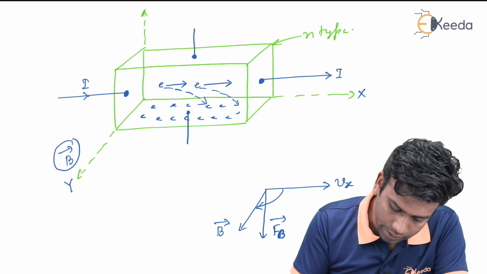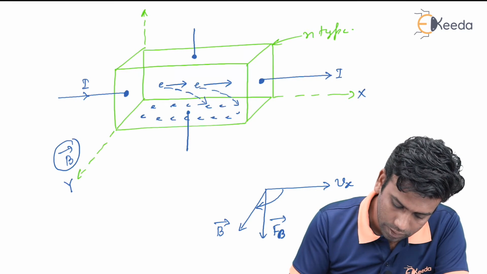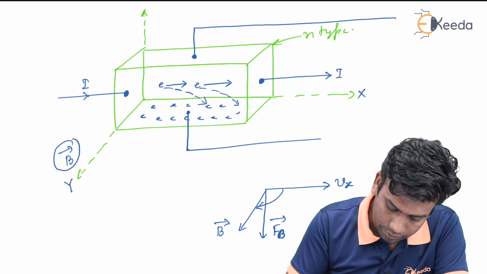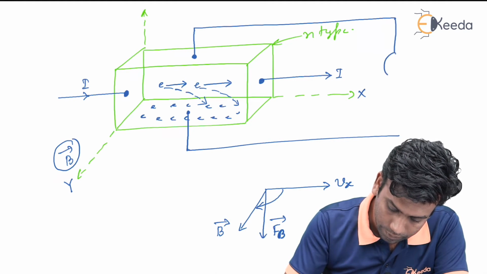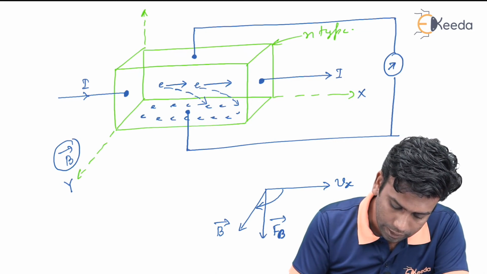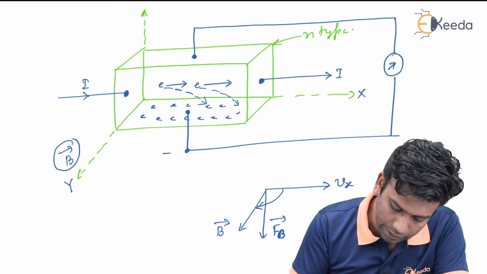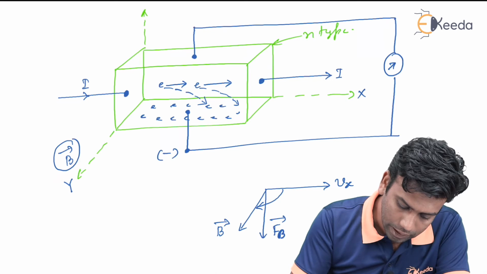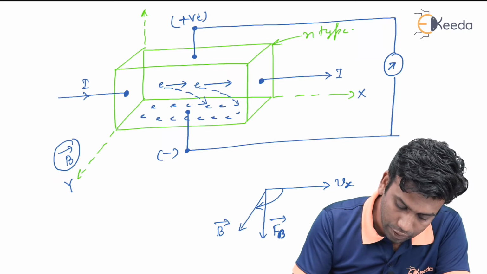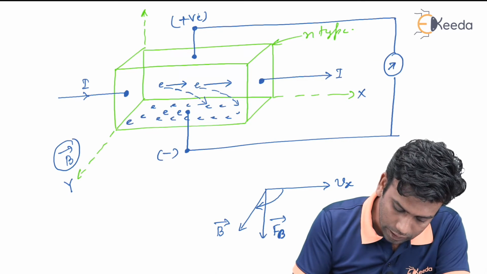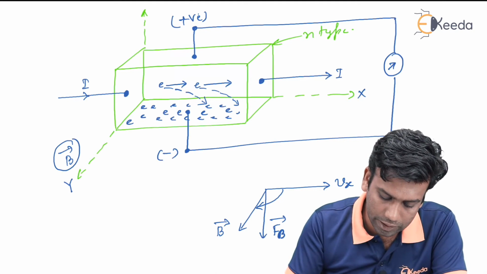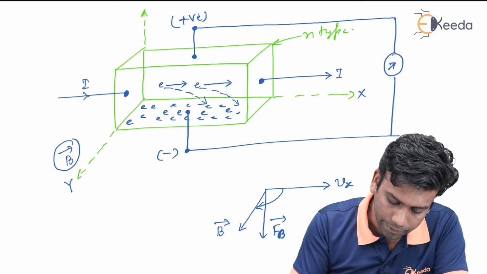So, if we connect a voltmeter here, then we can see that at this point we will get a negative potential, and at this point we will get a positive potential, because the electron concentration in the bottom plane will be higher than the electron concentration in the upward plane.